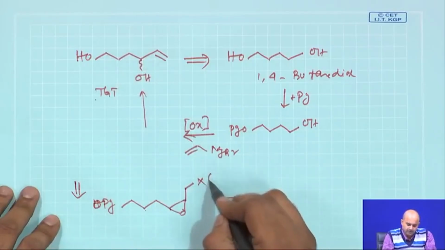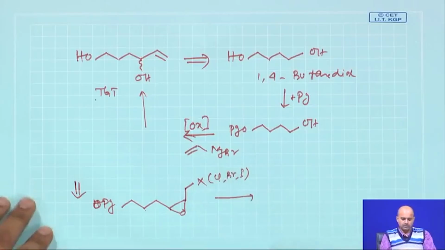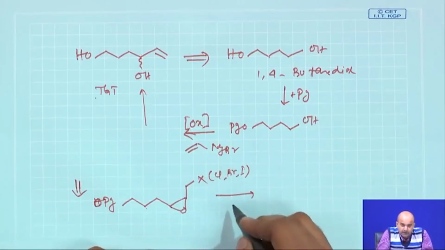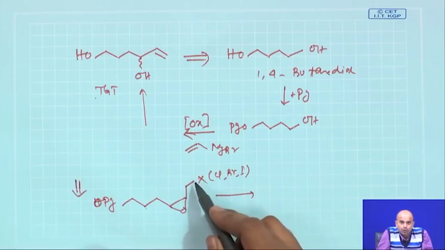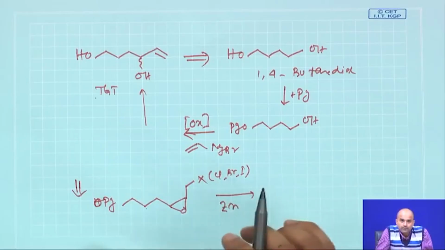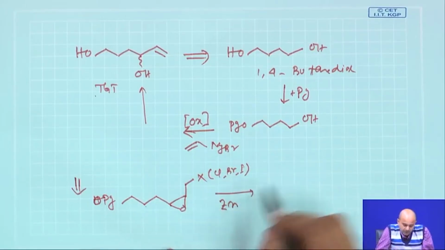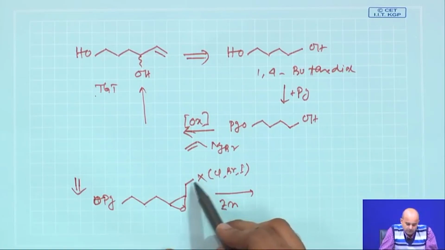I say X is chloro, bromo or iodo, and there is a very interesting reaction. If you take this kind of epoxy chloro or epoxy bromo compound and react it with simple metallic zinc, this zinc reacts with the epoxy halo compound and normally gives you a radical species here.